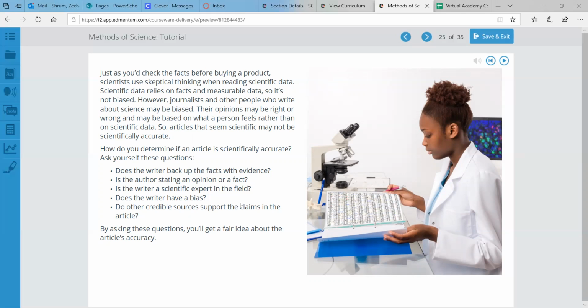Bias means you have a certain interest in looking at the facts one way. So if you are, well, we'll get into the example later, but if you're in a honey making business and there's a scientific study about honey, you have a bias because you want the study to come out seeing that honey is good for people.